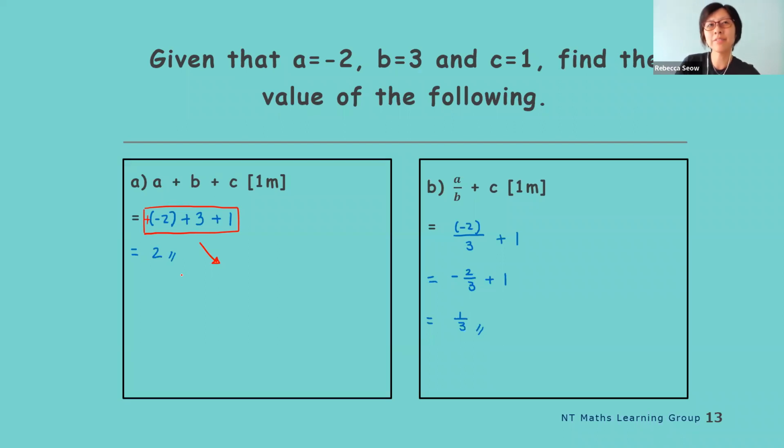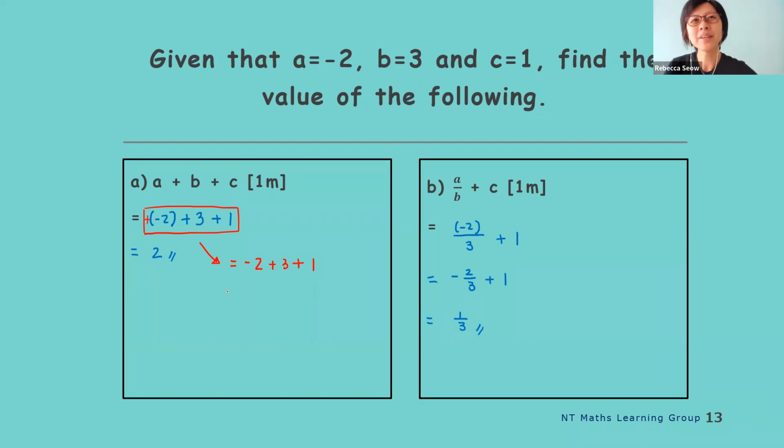And if you have learned in the earlier topics on integers, when we have a plus with a negative number, we remove the bracket, and it'll be -2. A plus together with a minus sign is always minus.